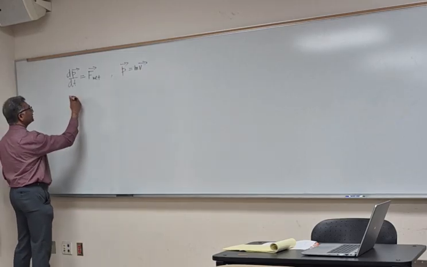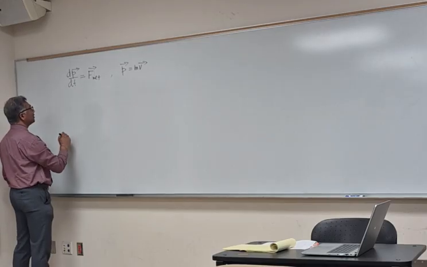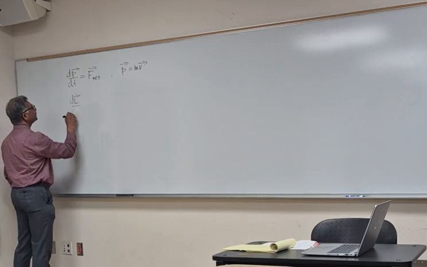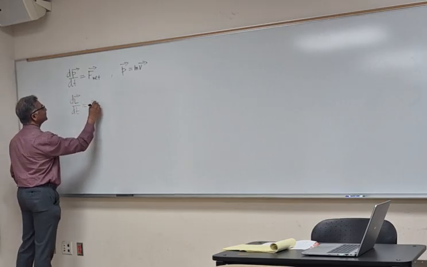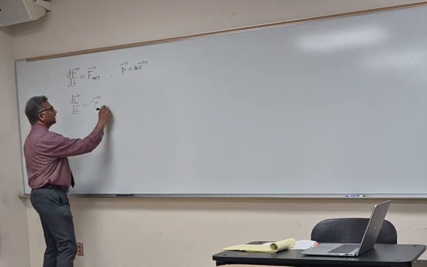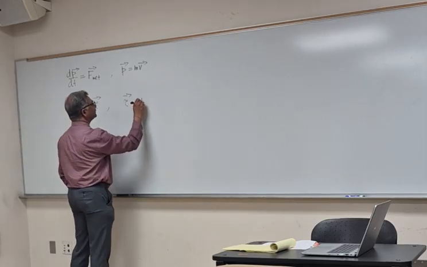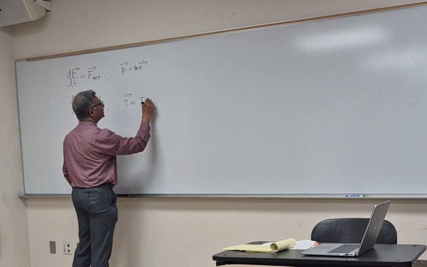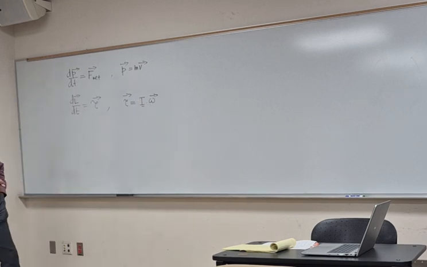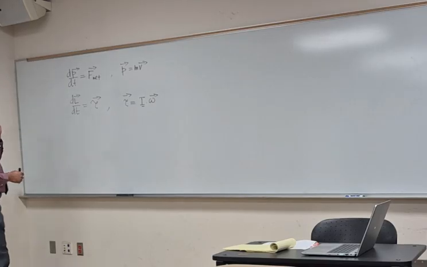The equivalent equation for rotating solid bodies is dL/dt is equal to tau, where tau is the torque, and L is defined as I inner product with omega, and I is the inertia tensor, and we talked about that.